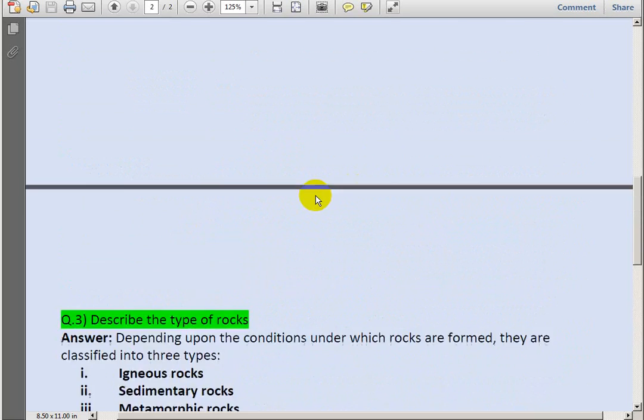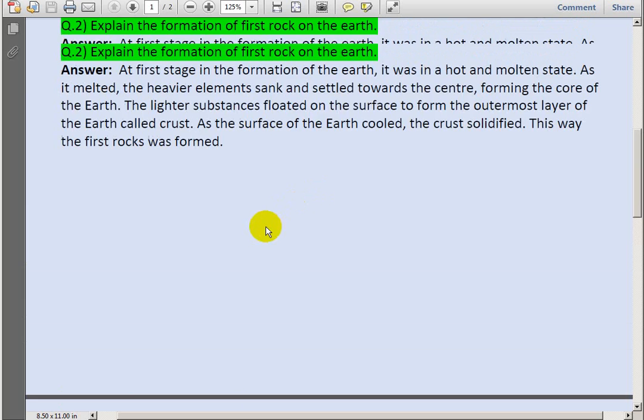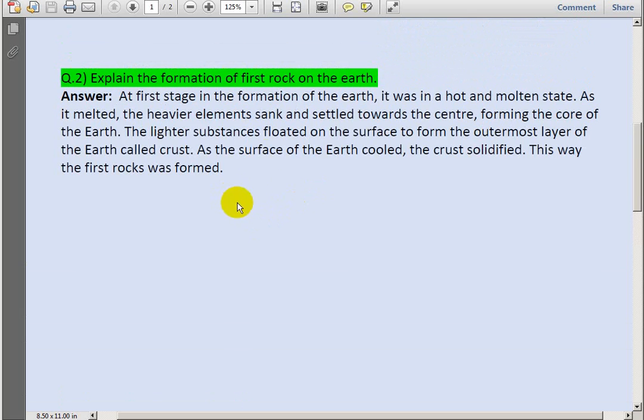Okay, how were rocks formed? At the beginning stage of the formation of the Earth, it was in a hot and molten state. As it melted, the heavier elements sank and settled towards the center, forming the core of the Earth.